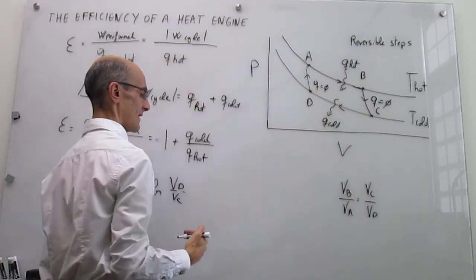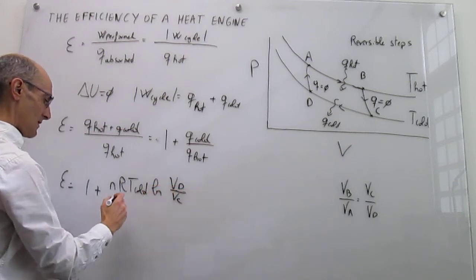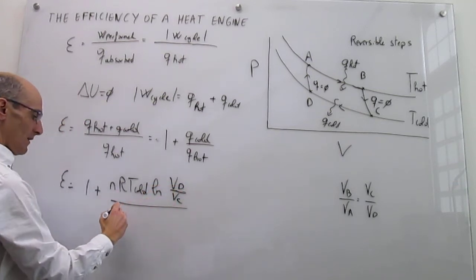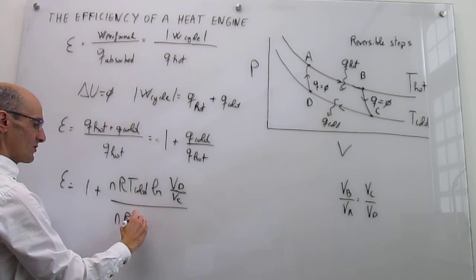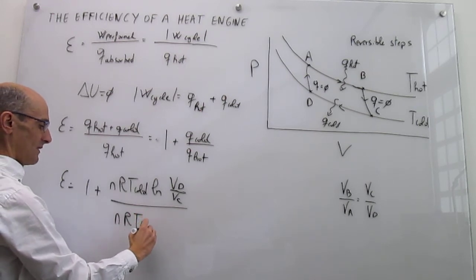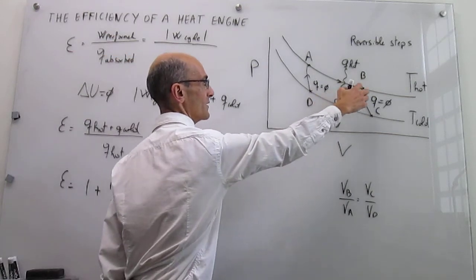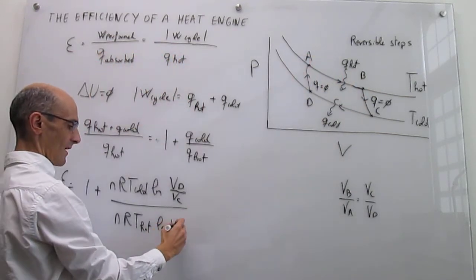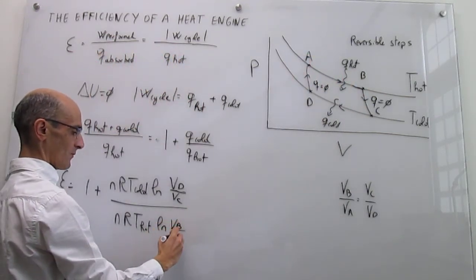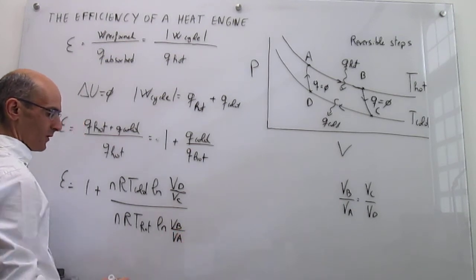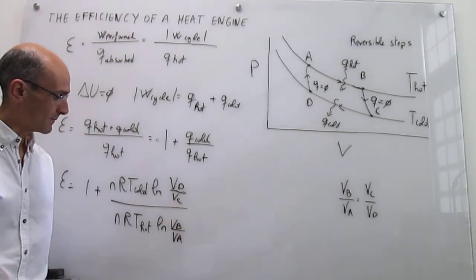And the heat absorbed in the hot source is going to be nRT hot, and then the natural log of the final volume, V sub B, over the initial volume, V sub A, for that isothermal reversible expansion, where energy as heat is being absorbed.